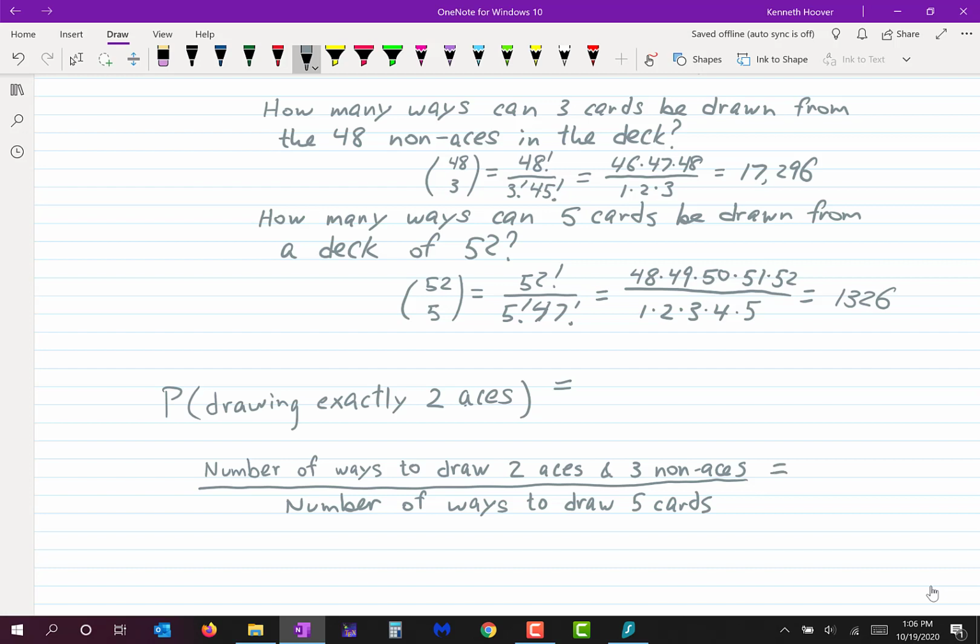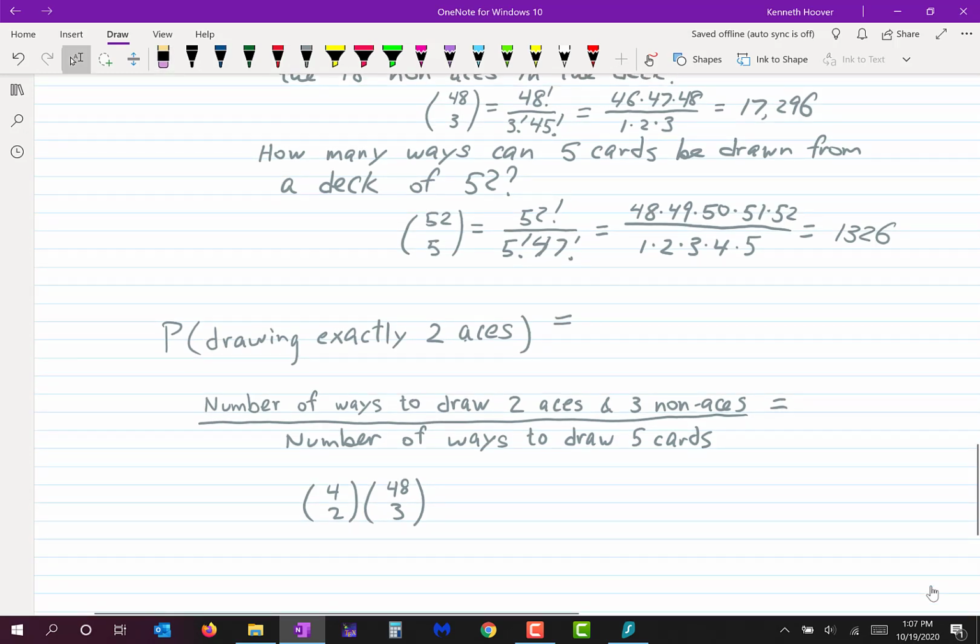So that is 4 choose 2 times 48 choose 3. So this is drawing 2 of the 4 aces, and this is drawing 3 of the 48 non-aces. That's on top. And then we divide that by 52 choose 5, which is the number of ways of drawing 5 cards. Okay?